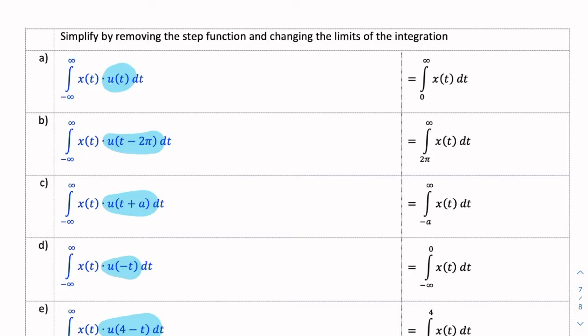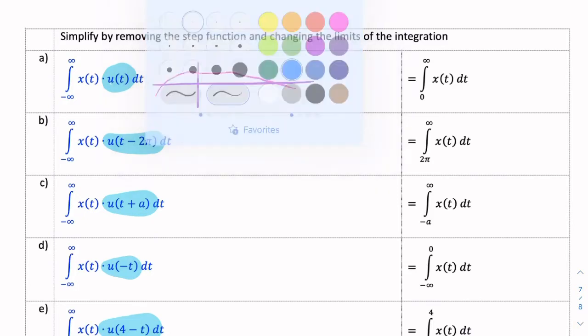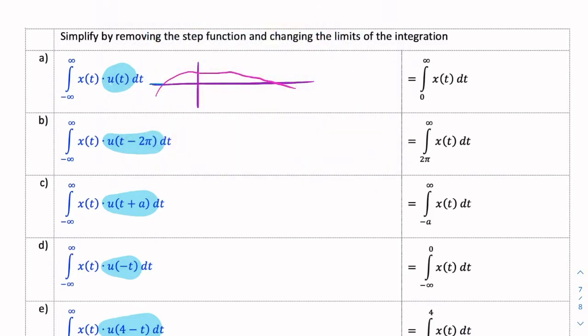So for the first question, we have some function x of t, no idea what it is, but it's multiplied by a unit step, and the unit step starts at t equals 0. So when you multiply the two, clearly for all time less than 0, the result is 0.